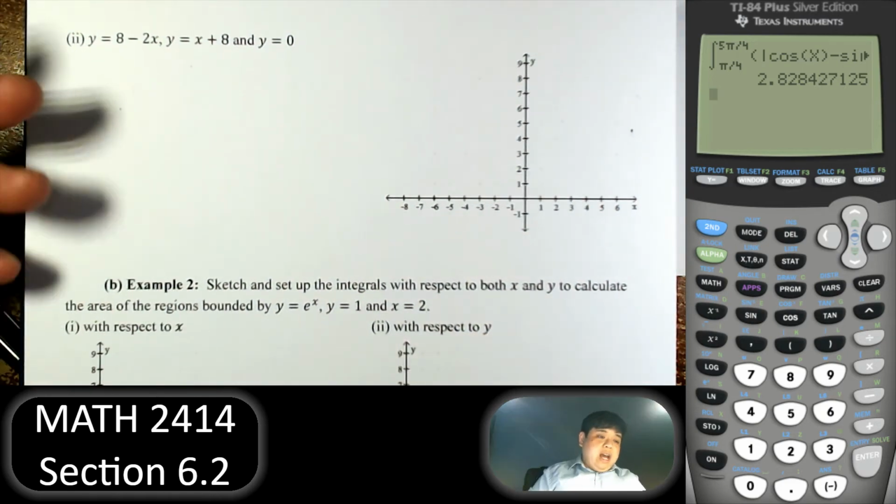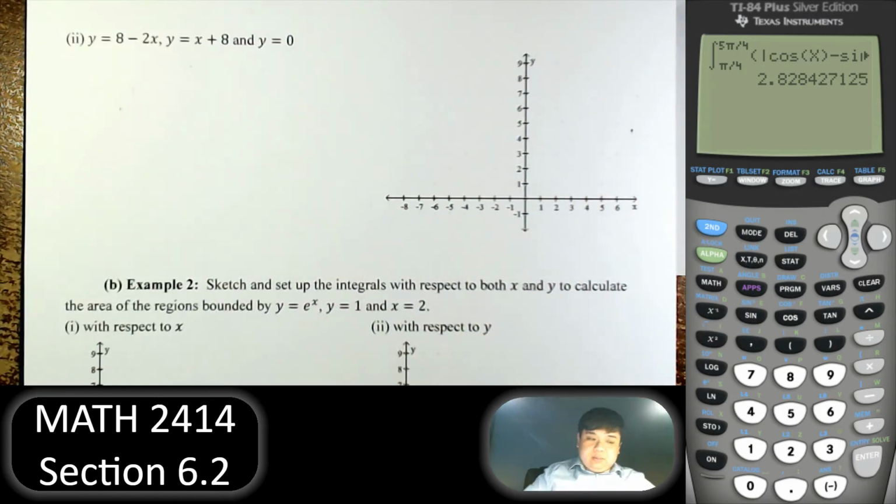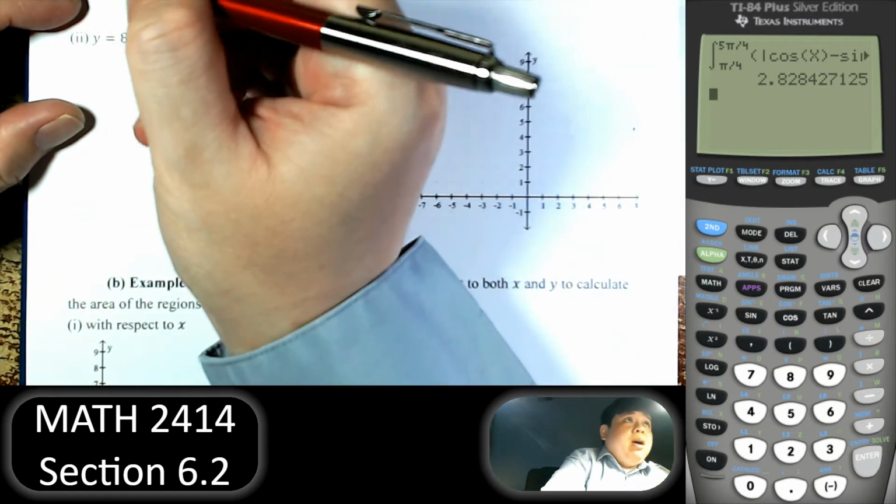Right. Next, we're trying to find the area bounded by those 3 functions. y equal to 8 minus 2x.